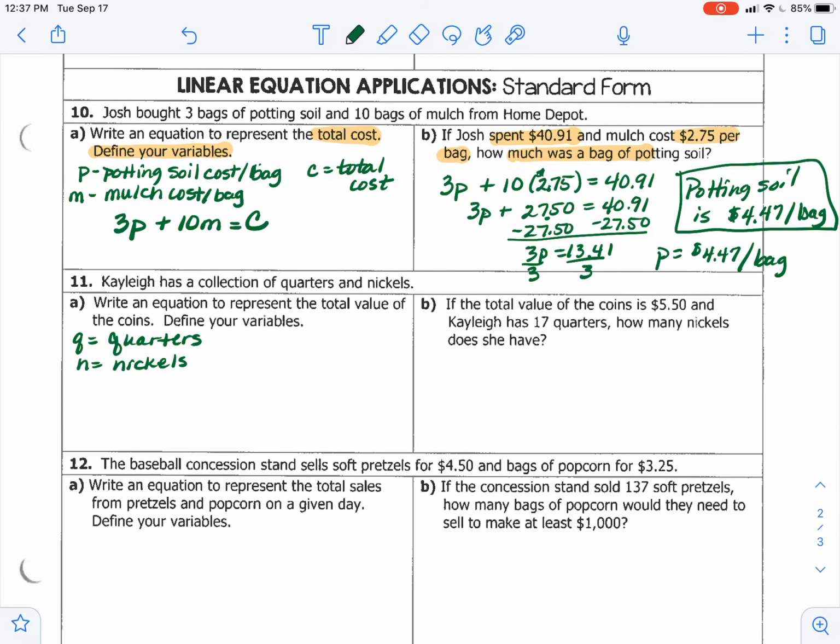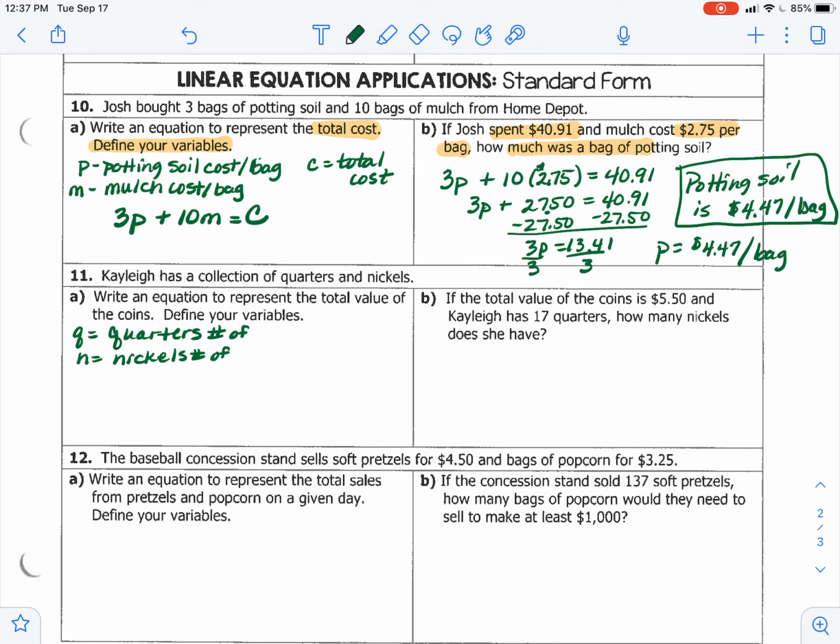I should have put that there. I usually put it out in front, but we'll just put it there. And then we want to know, again, the total value.